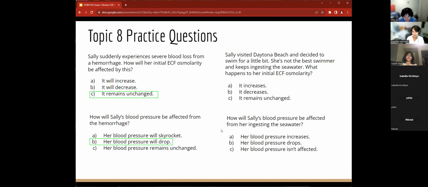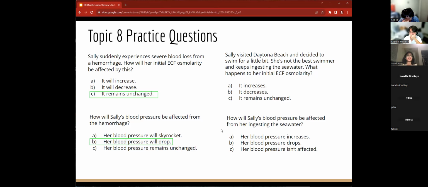Next question. Sally visited Daytona Beach and decided to swim for a little bit. She's not the best swimmer and she keeps ingesting the seawater. So what happens to her initial ECF osmolarity? As you saw, it increases.